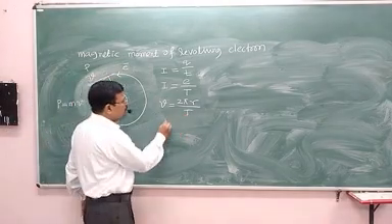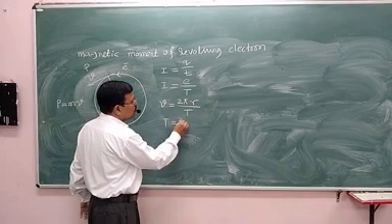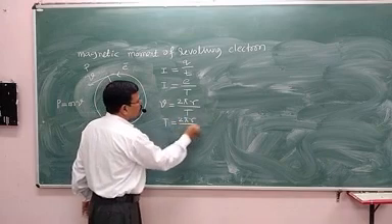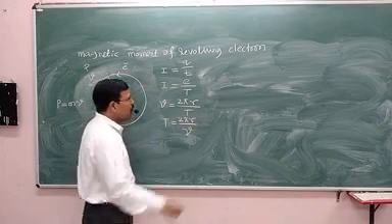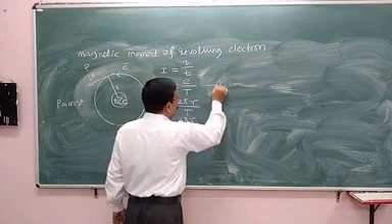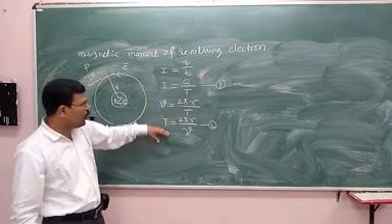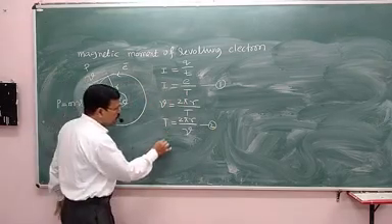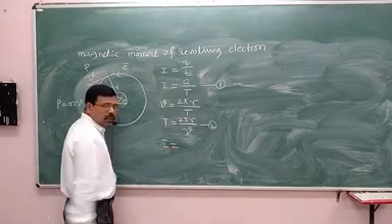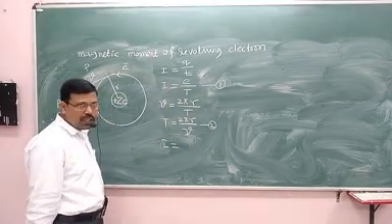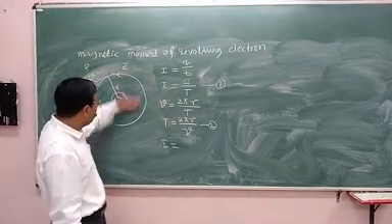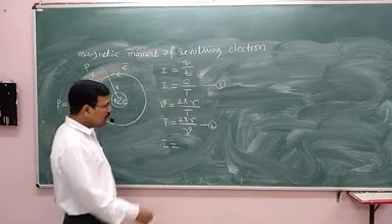So what is the time period? Time period is equal to 2 pi r divided by v. Call this equation number 1 and this equation number 2. From 1 and 2, we can write that I is equal to the electric current produced by the motion of this electron.